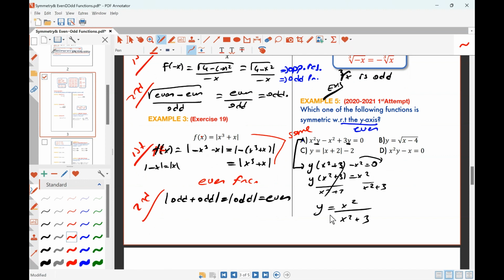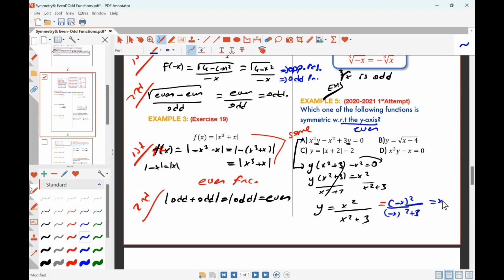By using the first way, switching x with negative x, it gives you negative x squared over negative x squared plus 3.